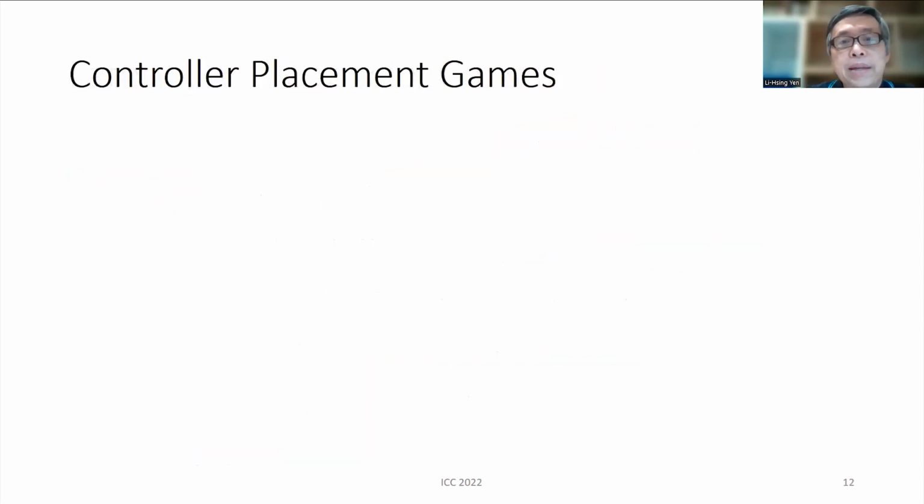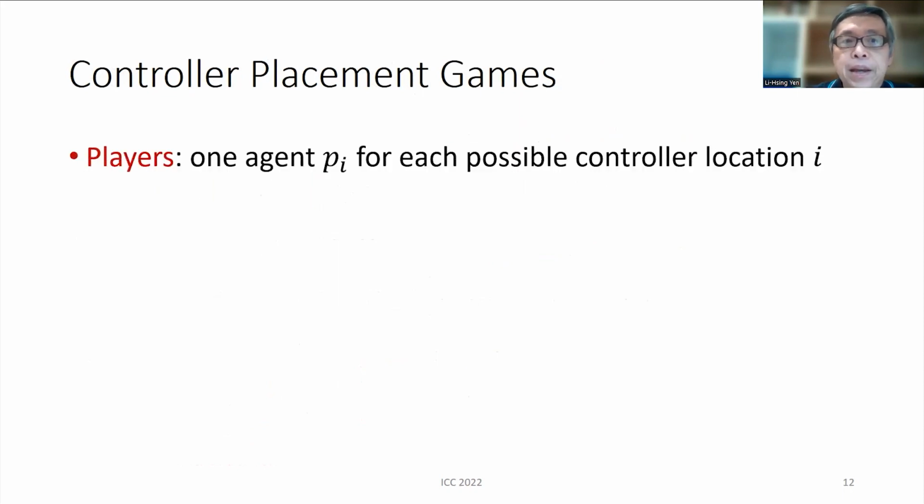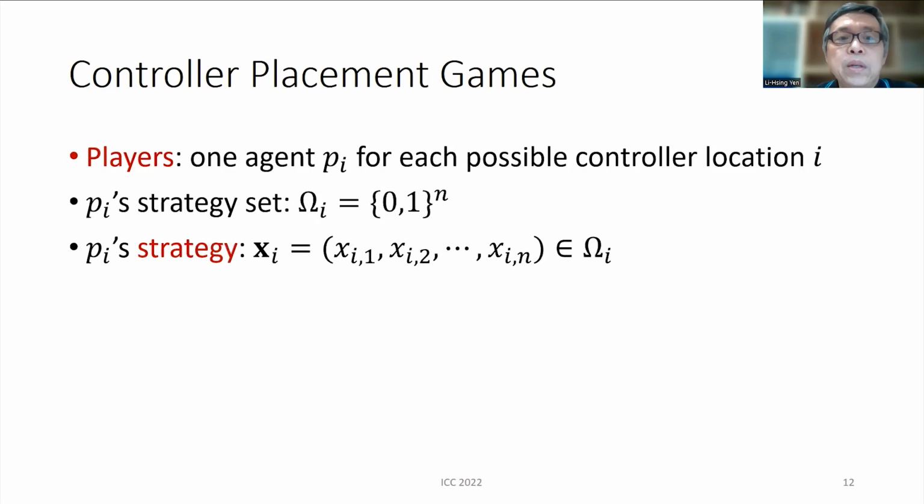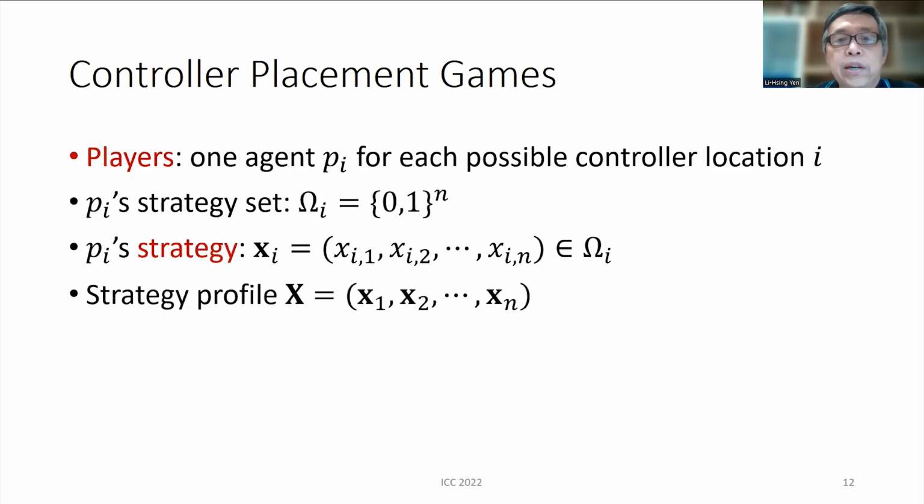We model it as a game, the controller placement game. Here, players are agents for each possible controller location i. Each player's strategy is to decide whether to manage each switch. So his strategy is in fact a vector, where x_ij is 1 if controller i decides to manage switch j.